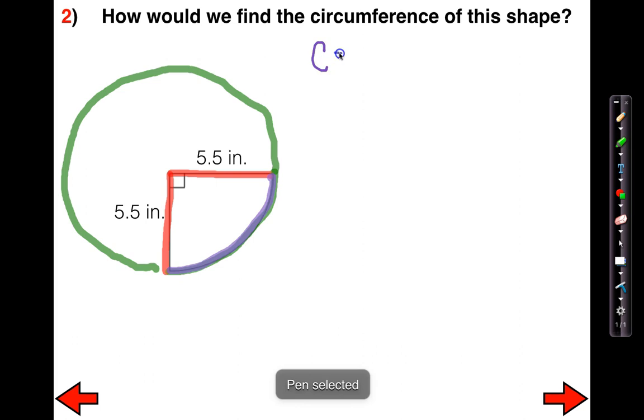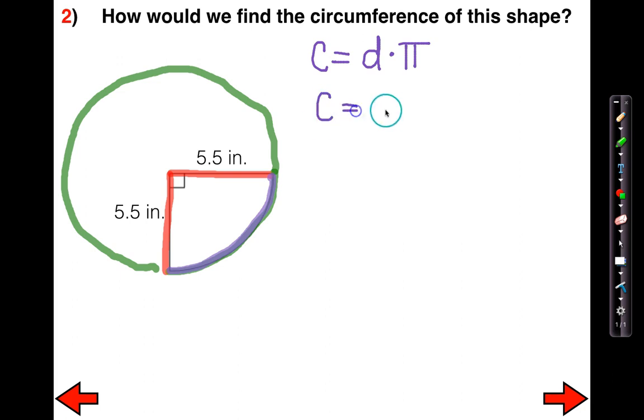We're going to find the circumference by taking the diameter and multiplying it by pi. So here the circumference is diameter. What's the diameter? I know the radius is 5.5, so this other half should also be 5.5 inches, which would mean the entire diameter of this would be 11. So we're going to do 11 times pi.